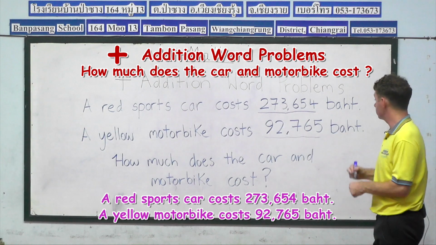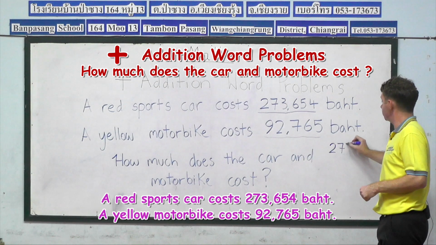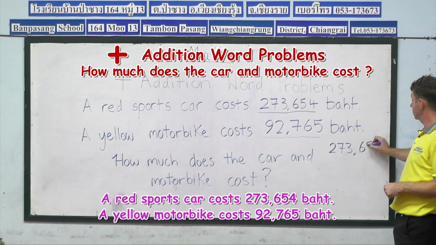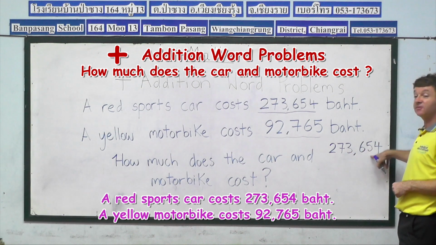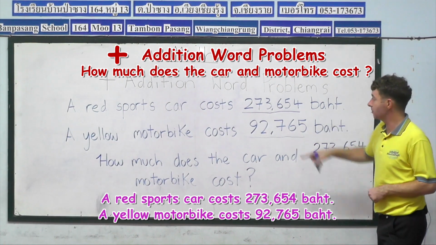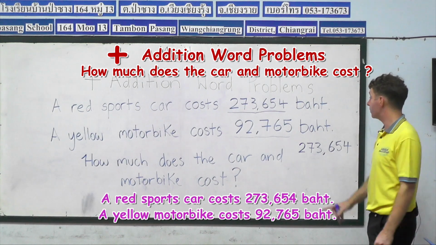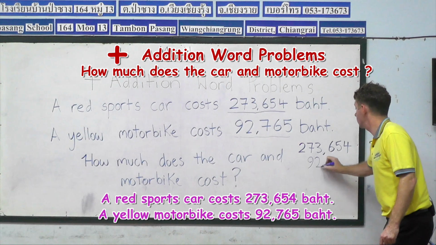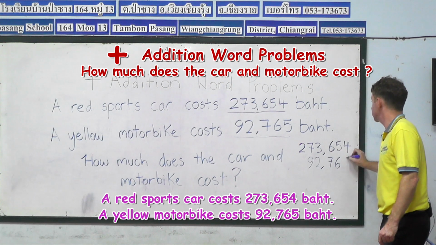So our first number, 273,654. Now notice, guys, how many digits? 6-digit number. But our next number, how many digits? 5. So remembering about place value, 92,765.